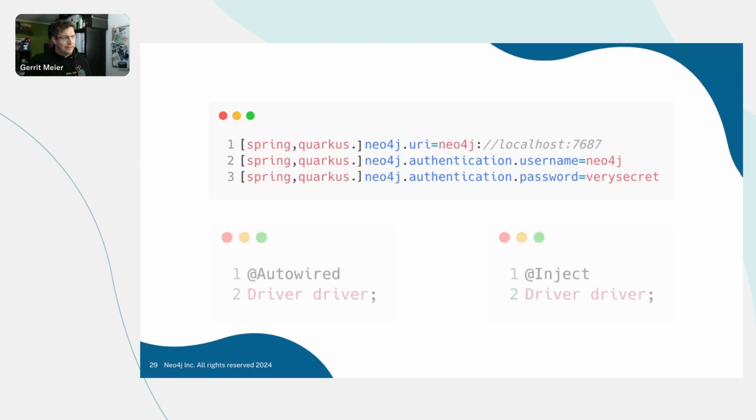And then you get the benefit of getting a pre-configured driver. So those three properties you see at the top are not the only ones we provide support for configuration, but there's an exhaustive list. And if you look, for example, in the Spring Boot documentation, because it's a Spring Boot auto configuration, that's why this configuration lives directly in Spring Boot, so it's unrelated to anything Spring Data Neo4j or similar.